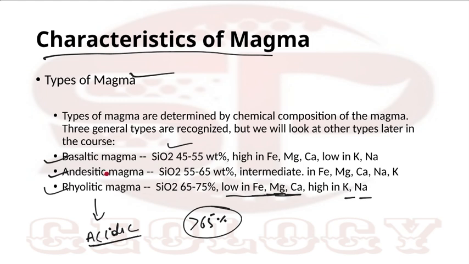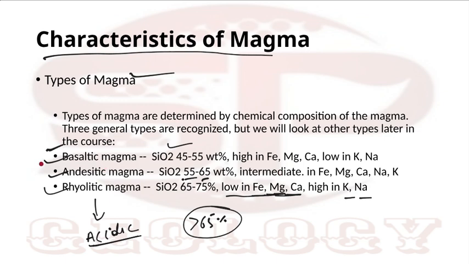Then andesitic magma is intermediate in composition, with a silica percentage of 55 to 65%, and it contains all components in intermediate amounts.